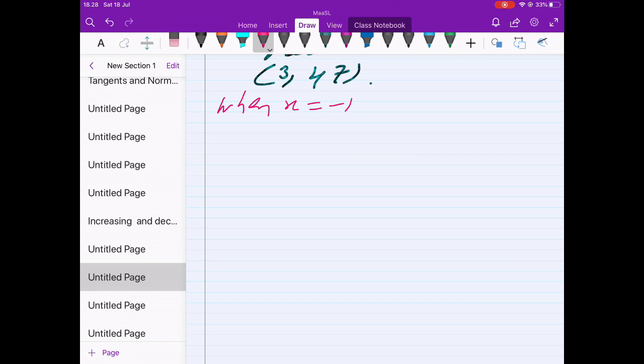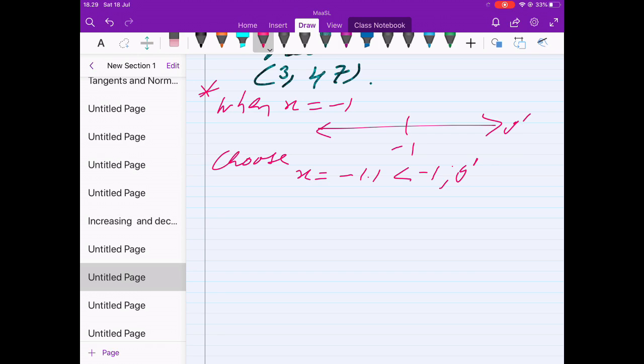When x is equal to negative 1, we can use the first derivative test, or the sign diagram can also be very helpful. Choose x is equal to negative 1.1, on the left side of negative 1, which is smaller than negative 1, and g' there, as we have seen with the sign diagram, is negative.